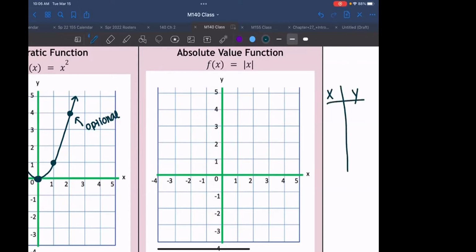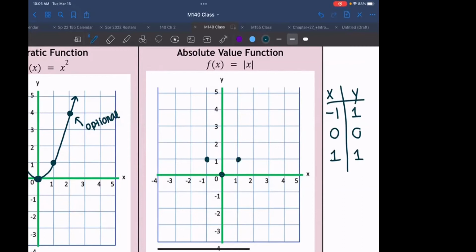Here we have the absolute value of X. What do I get when I plug in -1 for X? Positive 1, right? The absolute value of a negative number is its positive value. Plug in 0, you get 0. Plug in 1, you get positive 1. So I'm going to plot these points.